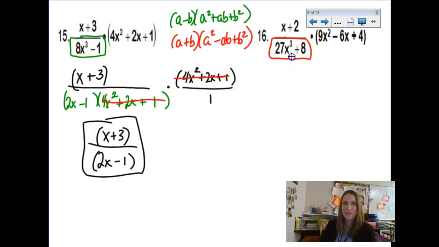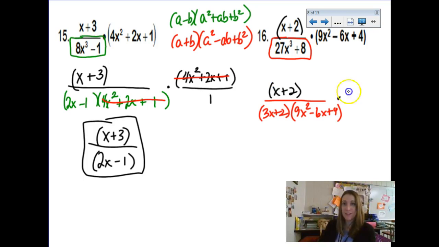Alright, so if I'm going to factor this guy using the sum of two cubes, that factors into 3x plus 2, and then 9x squared minus 6x plus 4. Now there already was an x plus 2 up here.